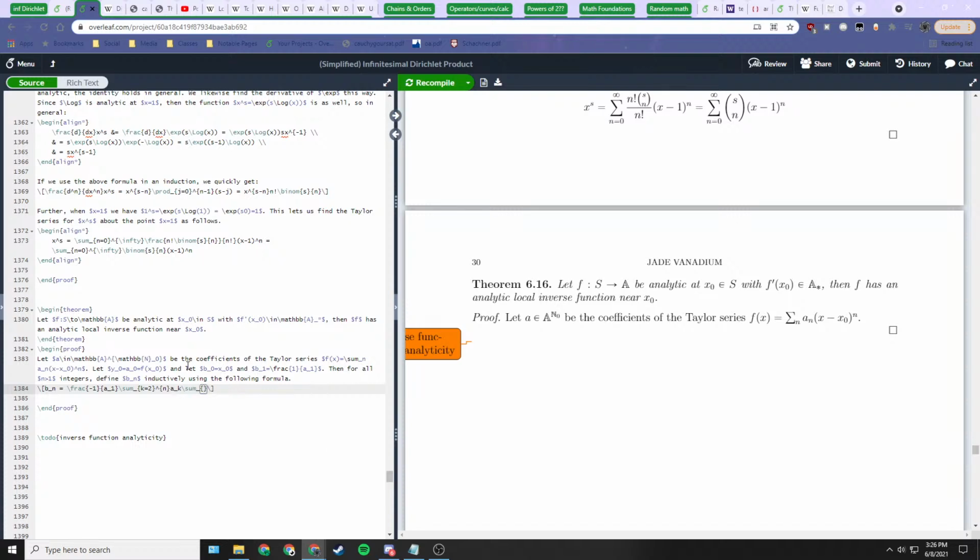This one's a little complicated. Over m in N to the power k, such that the sum of the m_j is n, of the product from j equals 1 to k of b sub m sub j. I think I wrote that correctly.